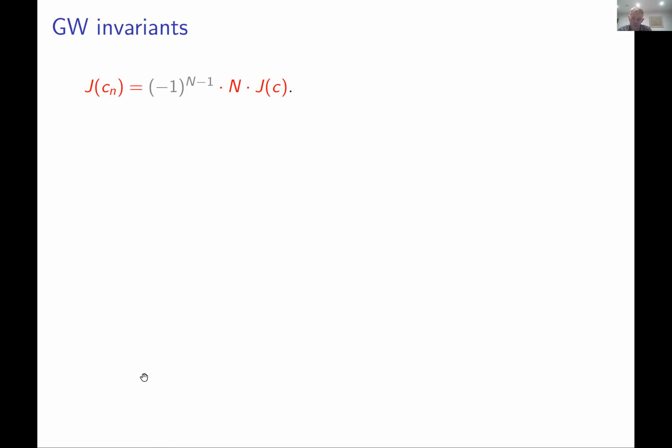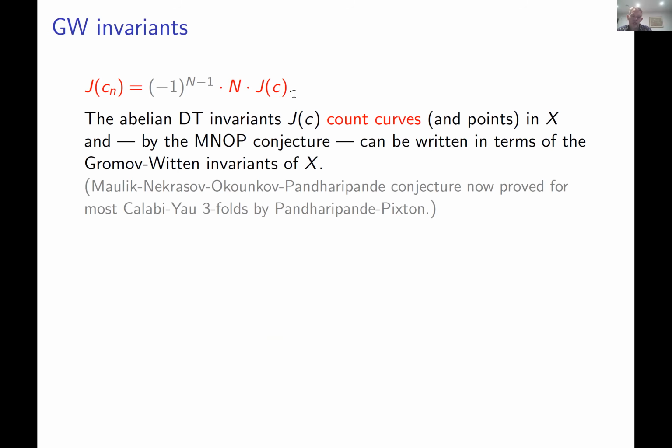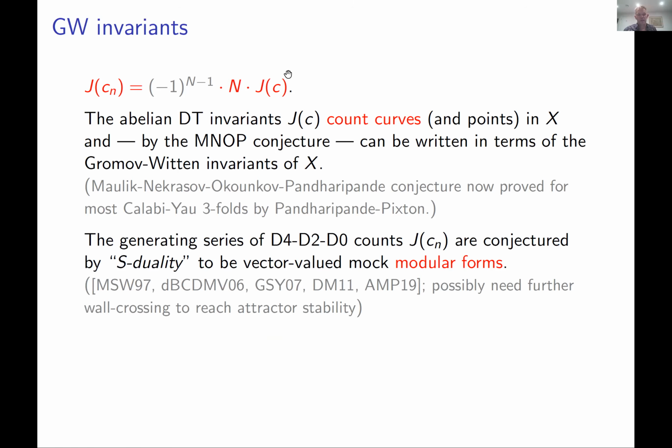Okay, so let me just briefly mention as a digression, we had this formula on the last page relating rank 0 DT to rank 1. So these Abelian DT invariants, the rank 1 guys, count curves and points in X, and then by the Maulik-Nekrasov-Okounkov-Pandharipande conjecture, they can be written in terms of Gromov-Witten invariants of X. That's the right-hand side.